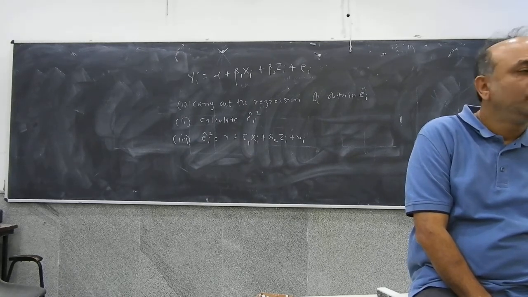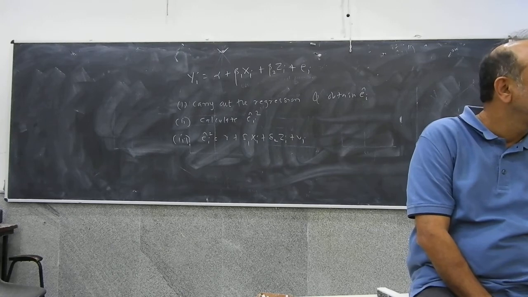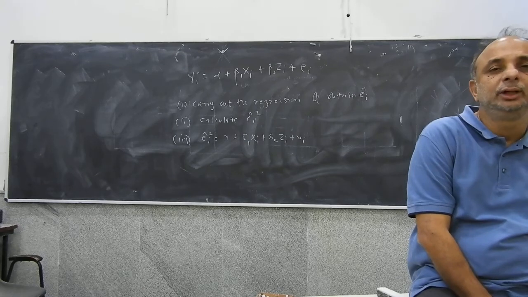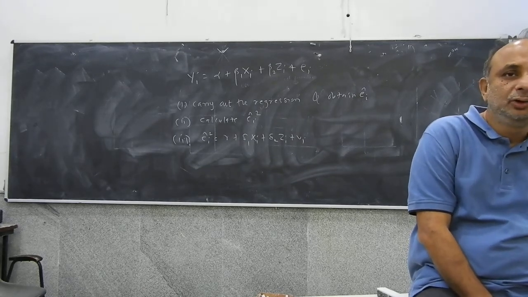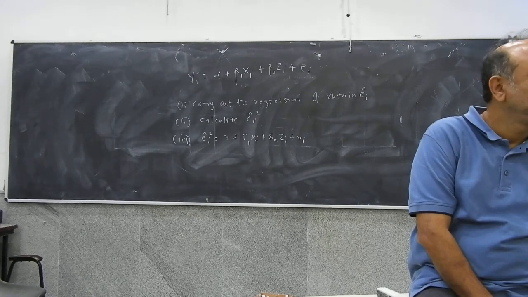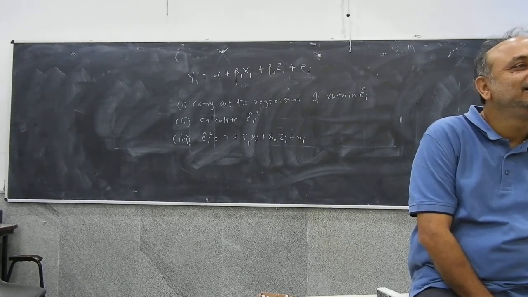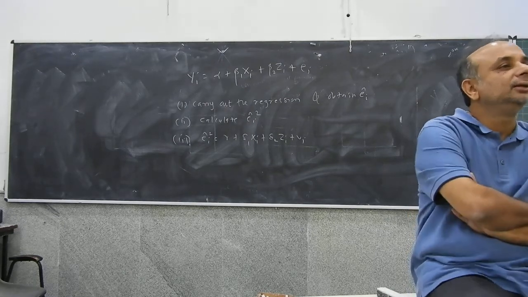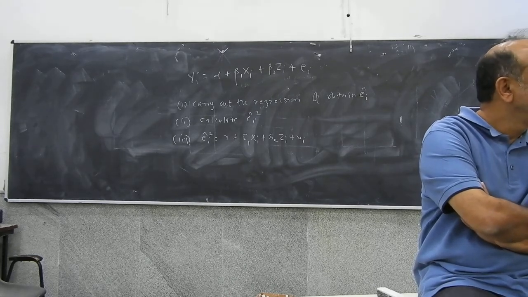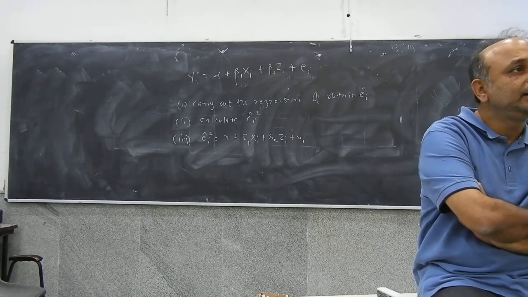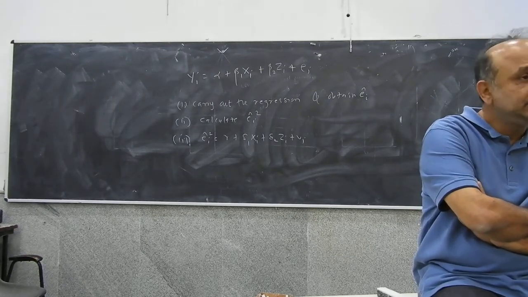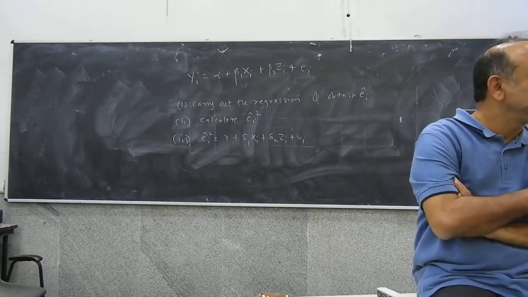If the variance of the error term is not to be associated with x, what will have to be the value of delta 1? 0. Yeah? The value of delta 1 will have to be 0. Similarly, what will the value of delta 2 have to be? 0, if z and sigma square have nothing to do with each other.